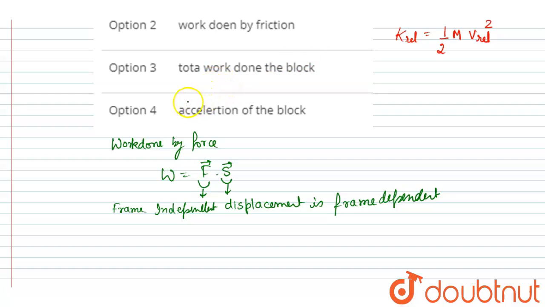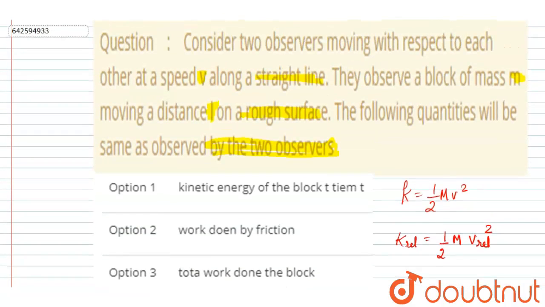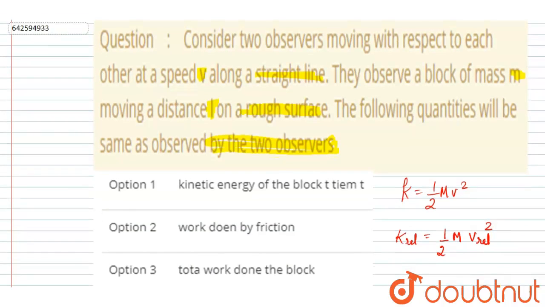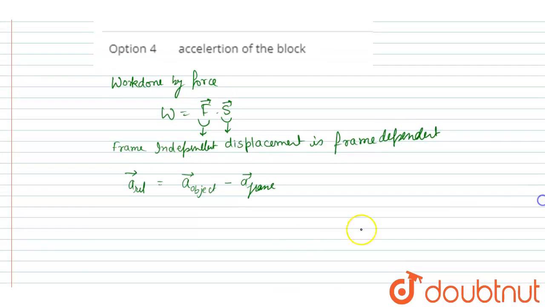And moving toward the fourth option, acceleration. We know that the relative acceleration of any object with respect to any frame is simply the acceleration of that object minus the acceleration of the frame. Now if you see the question again, they are moving with constant velocity with respect to each other. They don't have relative acceleration with respect to each other.